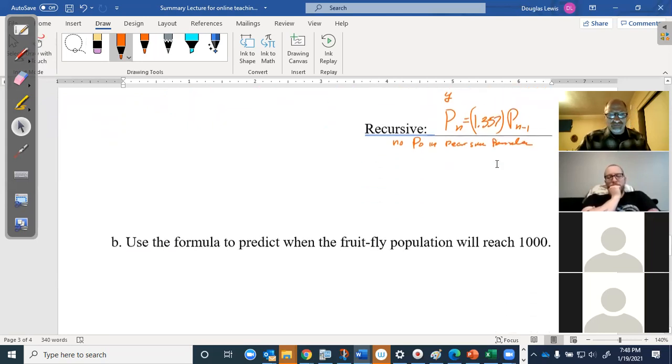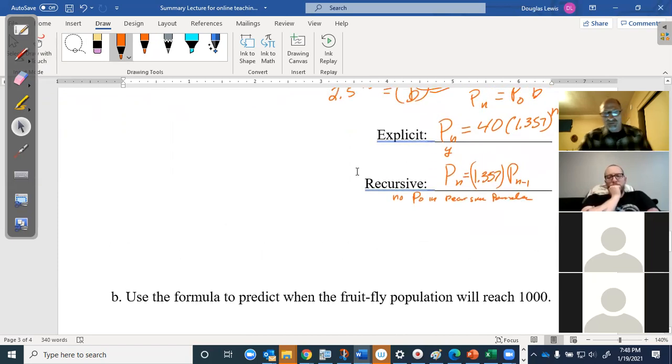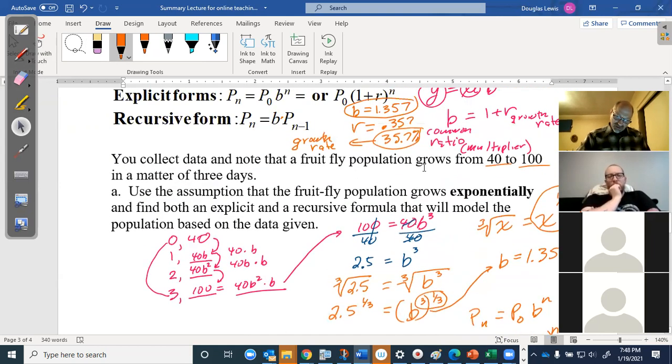And now it says use the formula to predict when the fruit fly population will reach 1,000. So let's go back up here and remember that P sub n, remember n stands for what? It went from 3 days.